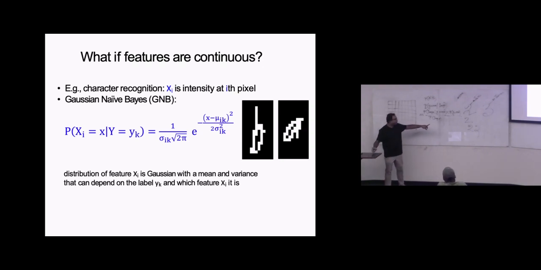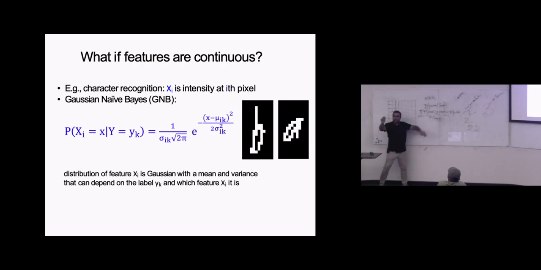That means this image probability is essentially a multiplication over the pixels, for all the images that have label 1.